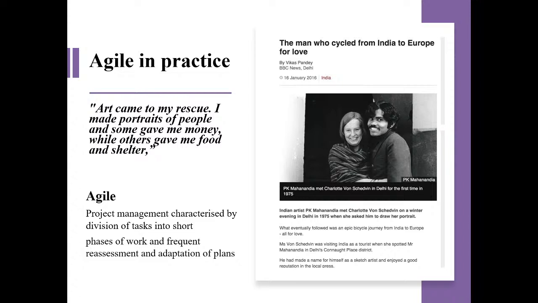So the guy decided, because he was an artist, to sell what he had as initial capital and start cycling towards the direction of Europe. And I believe that's a testament to real love. So as he did that, he went doing portraits, and every day he'd move a couple of miles towards his vision.